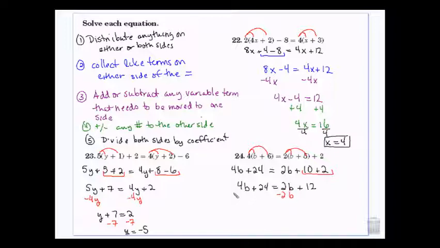Subtract 2b. 2b plus 24 is 12. Subtract 24. 2b is negative 12. I'm just going to rewrite that up here. Divide by 2. And b is negative 6.